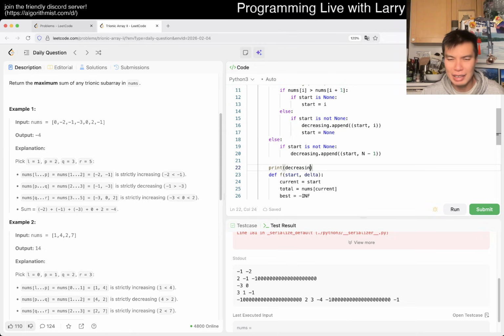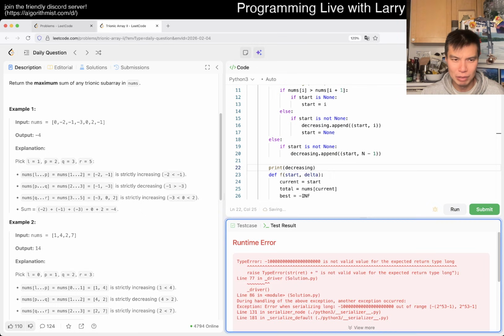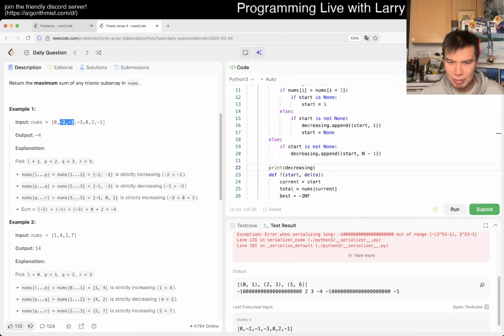Because the answer they gave us is that it should be 1, 2, right? Oh. Decreasing. This is increasing. Did I get things confused? Yes. I am dumb.